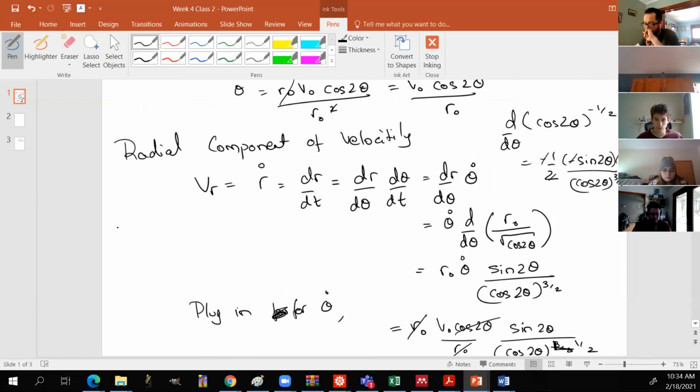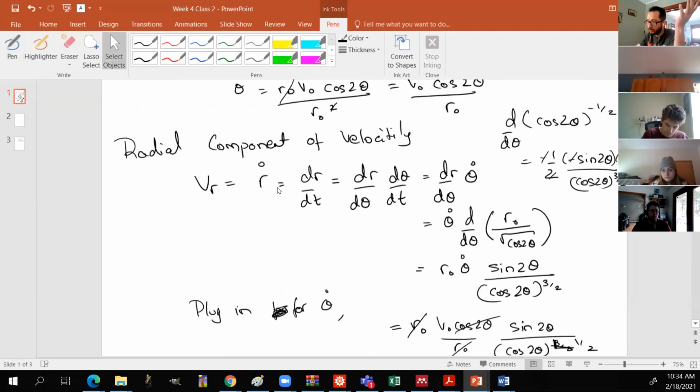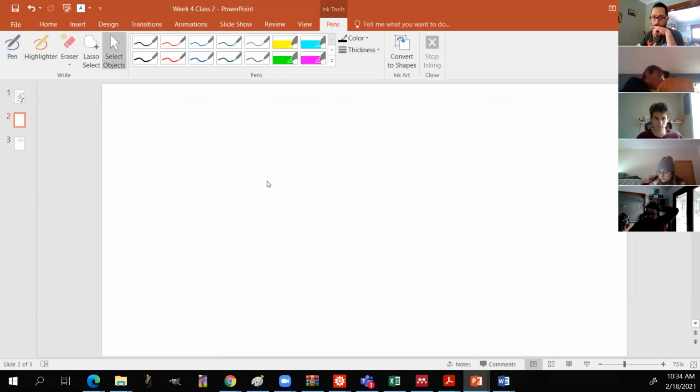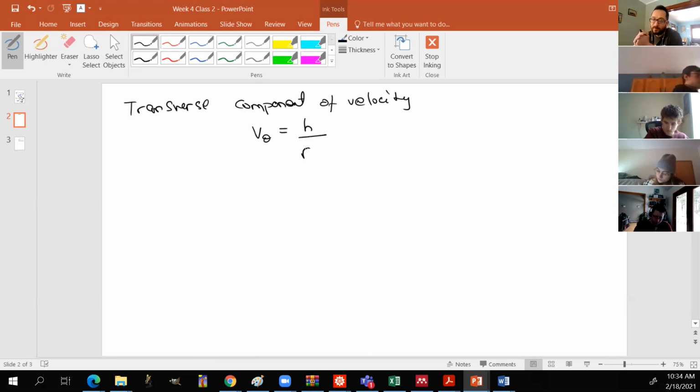All right. Next, the transverse component is really easy, because the transverse component of velocity is directly related to your angular momentum, right? That's what we saw in class today. So the transverse component of velocity is just v theta. That's always going to equal your angular momentum divided by r.